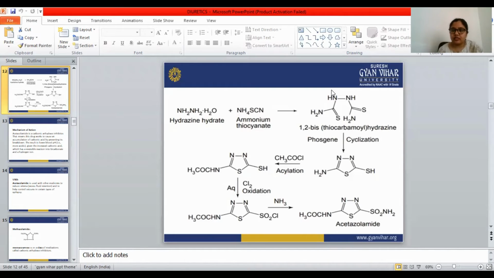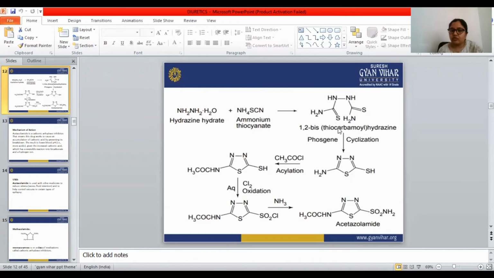For the synthesis of acetazolamide, we need hydrazine hydrate, NH2NH2·H2O, and ammonium thiocyanate. When these two react, the product formed is 1,2-bis thiocarbamyl hydrazine.